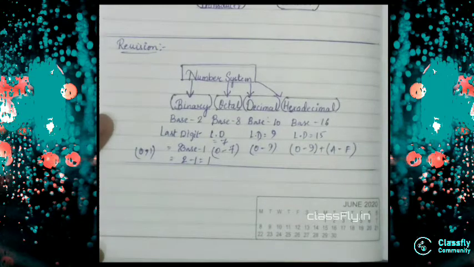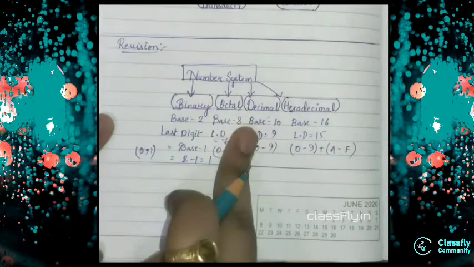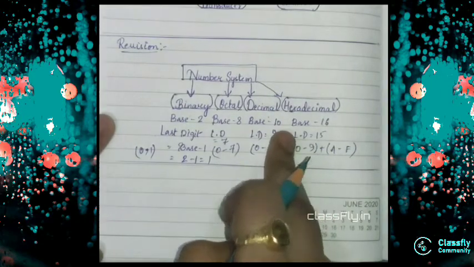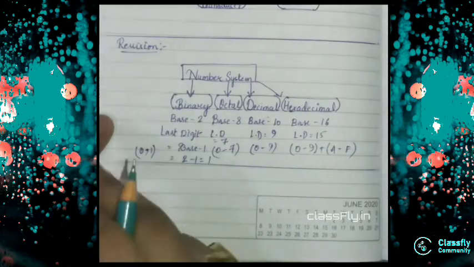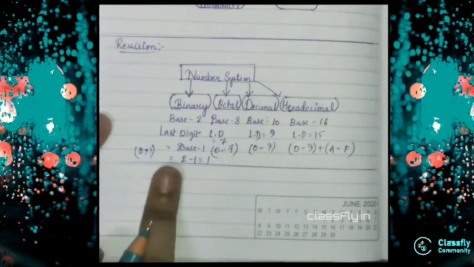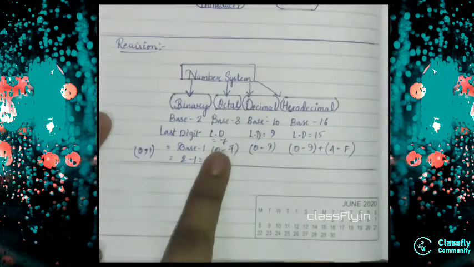And then we have learned the conversions. Binary can be turned to octal, and vice versa. Binary can be turned to decimal, and vice versa. Binary can be turned to hexadecimal, and vice versa. Similarly, octal can be converted to decimal, and vice versa.